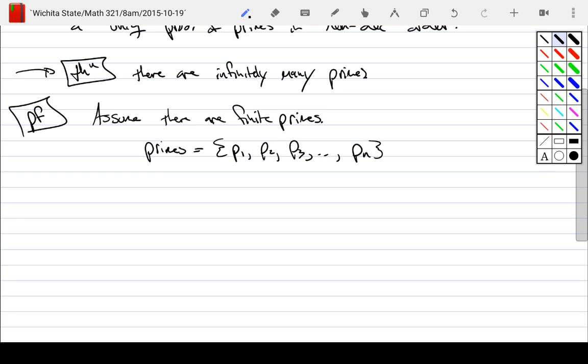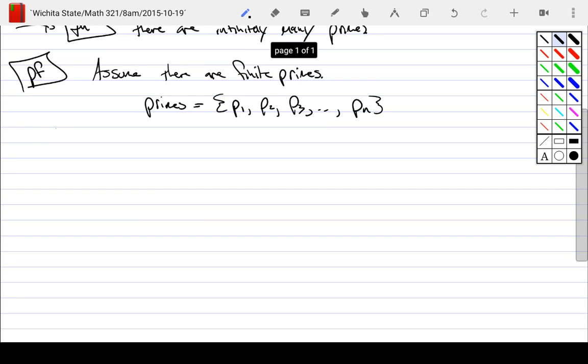All right, by the fundamental theorem, all numbers are either prime or a prime divides it. Because if it can be written as a product of primes, there's a prime that would divide it. So if it's a composite, it has a prime divisor. Well, I'm going to look at two numbers.